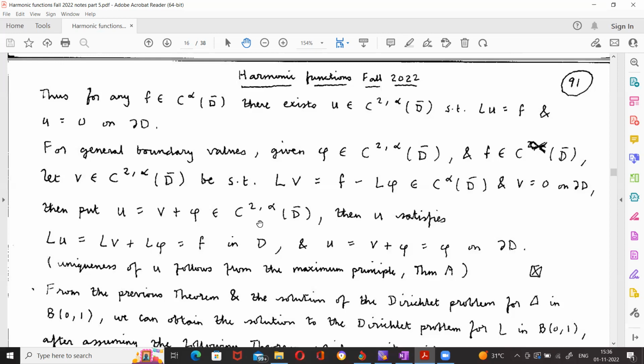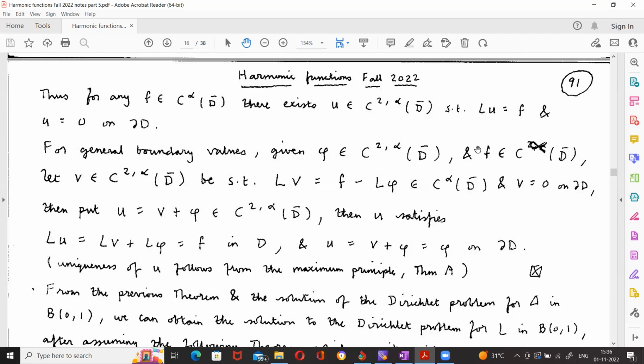And the last remark is that the uniqueness of this solution U to this inhomogeneous Dirichlet problem follows from the maximum principle, right? Yes. If I have two functions, LU1 equal to F and LU2 equal to F, then L of U1 minus U2 is equal to 0, right?